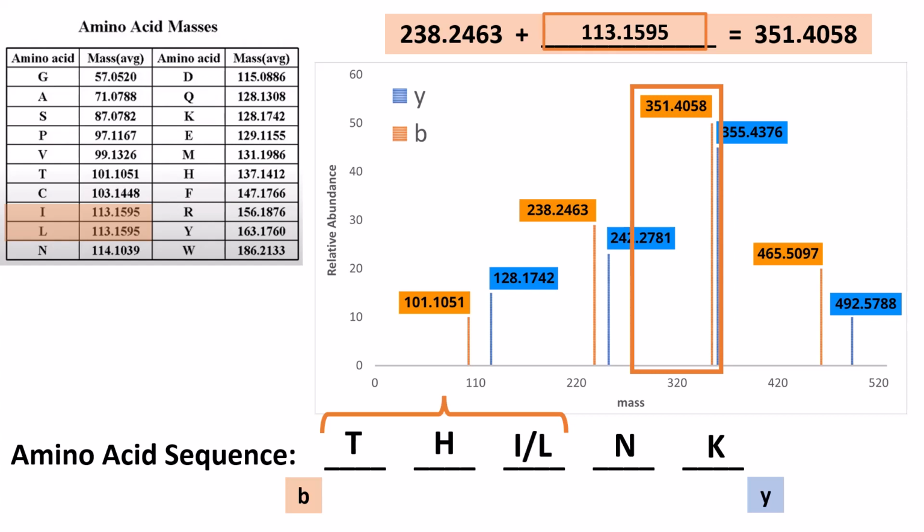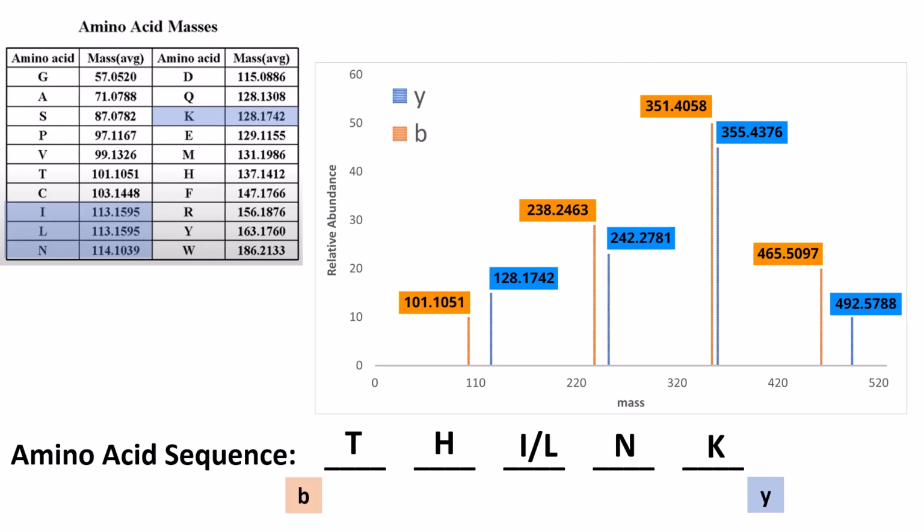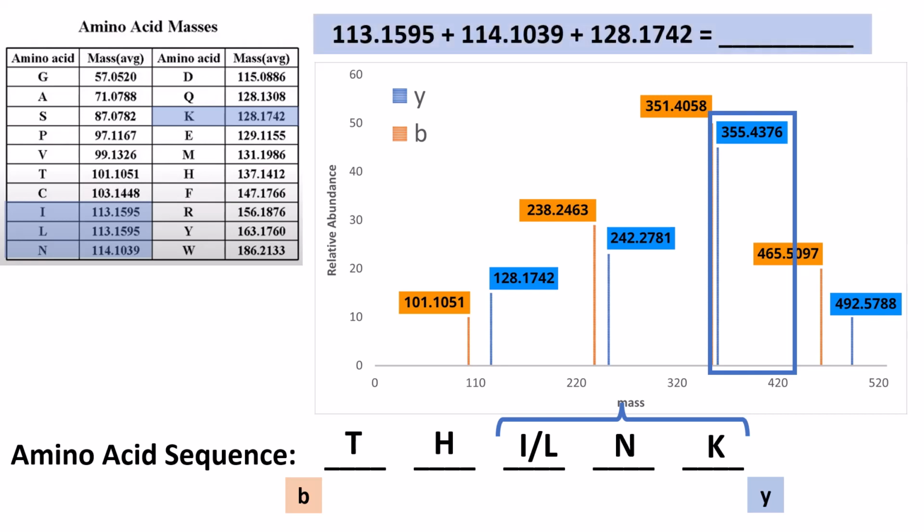Since we know all the amino acids, we can check our work with the next Y ion. By summing the last 3 amino acids in the sequence, the total should be the same as this next Y ion peak. So, by adding the mass of isoleucine or leucine, asparagine, and lysine, we get a total mass value of 355.4376.